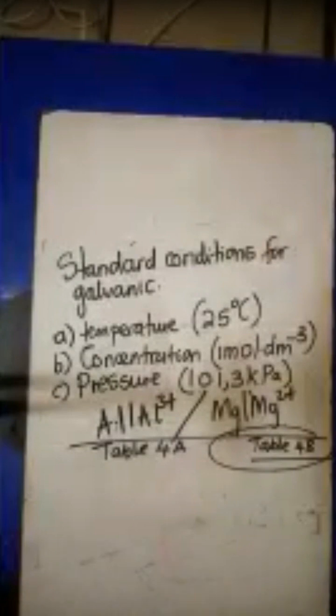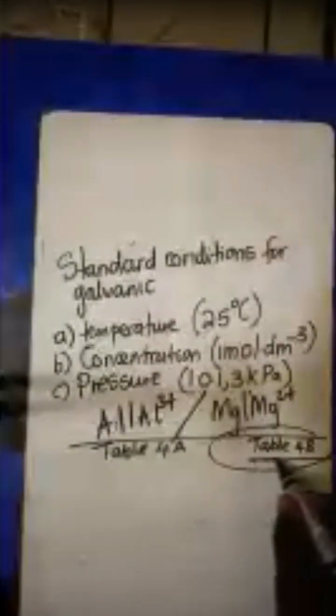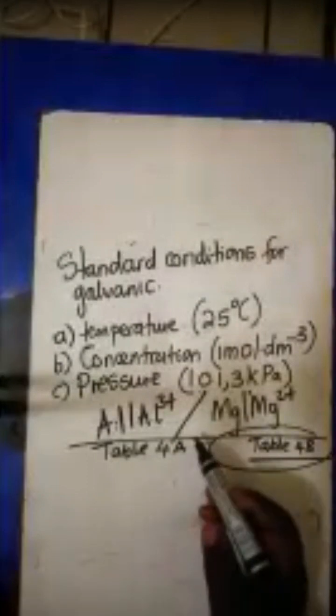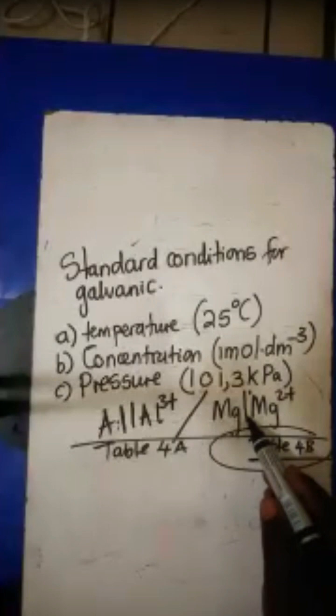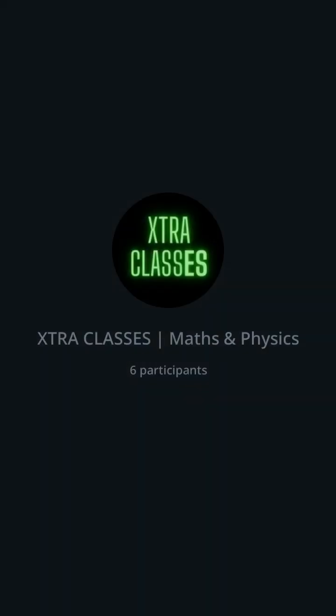Yes. So if you check table 4B, I want to check between the element aluminium and the magnesium, Mg, on the table 4B. Which element do you see first?